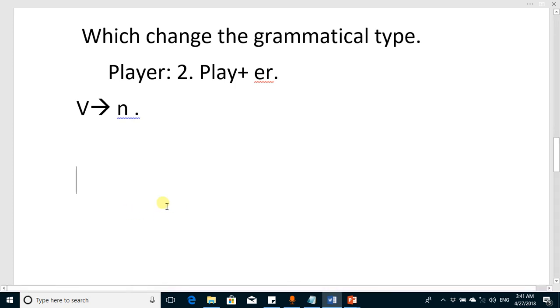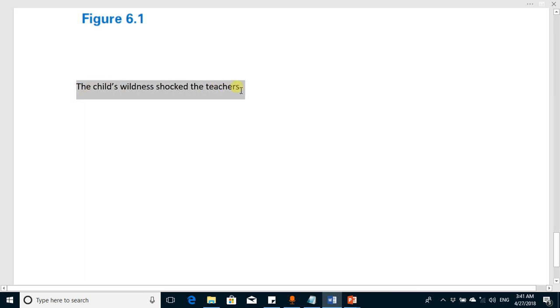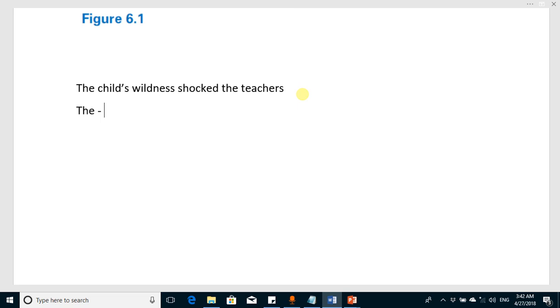Now let's see an example. Let's parse this sentence: The child's wildness shocked the teachers. Here the is a functional morpheme, as it is not any verb, noun or adjective. Child is a noun, so it is a lexical morpheme because it does convey some meaning.